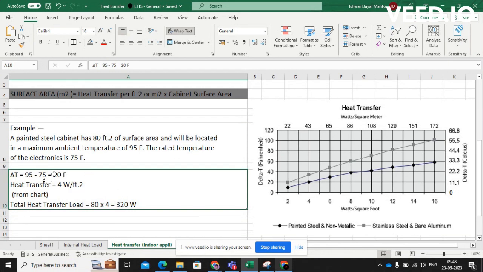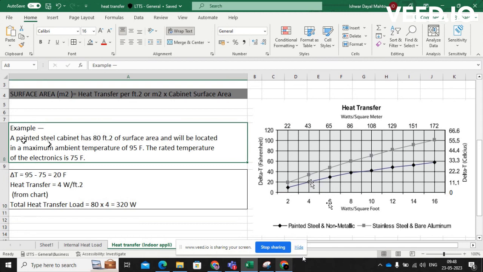Corresponding to a delta difference of 20 degrees Fahrenheit, we will consider this curve for painted steel. In the problem, they have mentioned a painted steel cabinet, so we'll be looking at this darker curve. Corresponding to 20 degrees Fahrenheit, we are getting a magnitude value of 4 watt per square foot.